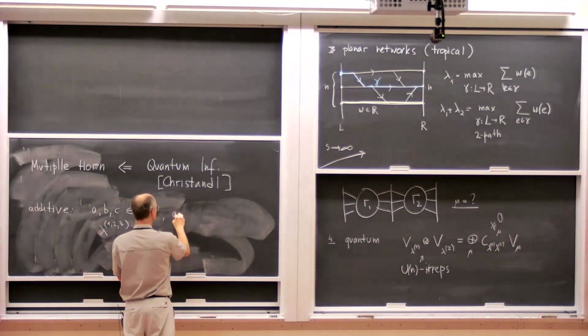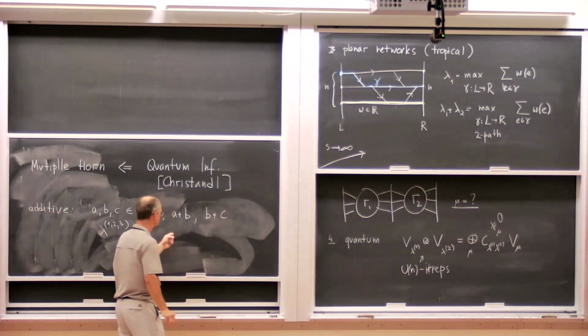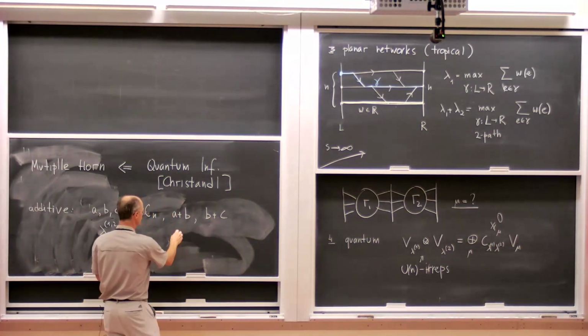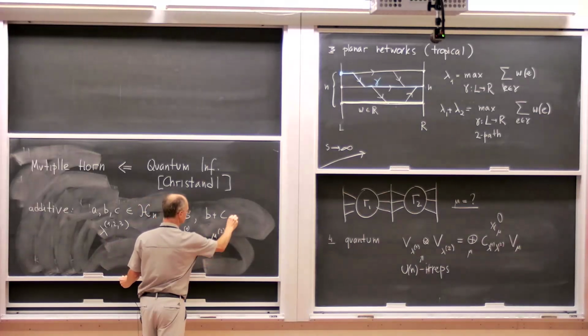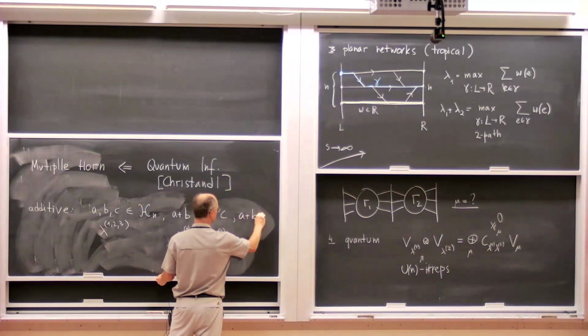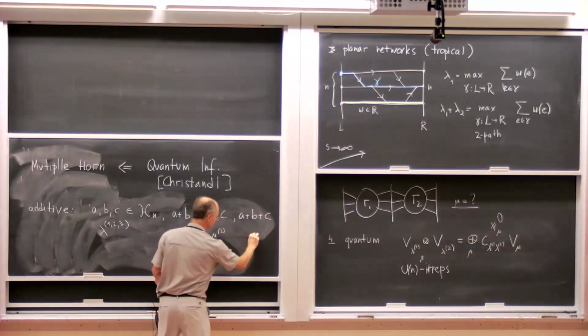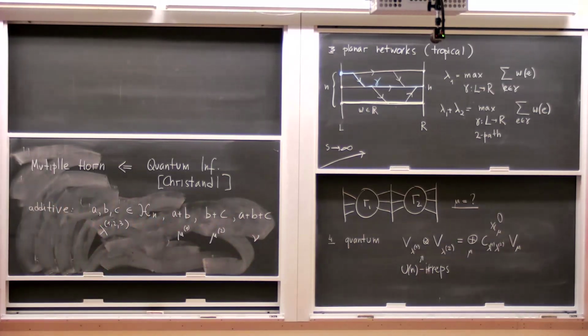Well, now we consider the following combinations: A plus B and B plus C. So they have eigenvalues mu1 and mu2. And we consider the sum A plus B plus C with eigenvalues nu. So in total now there are 6 matrices and 6 sets of eigenvalues.